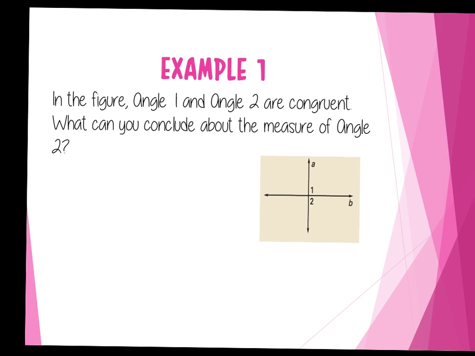So what could you tell me about the measure of angle 2? It's a right angle, or it equals 90 degrees. So they have to form a line, and they have to be congruent. If that's the case, then they're both 90.